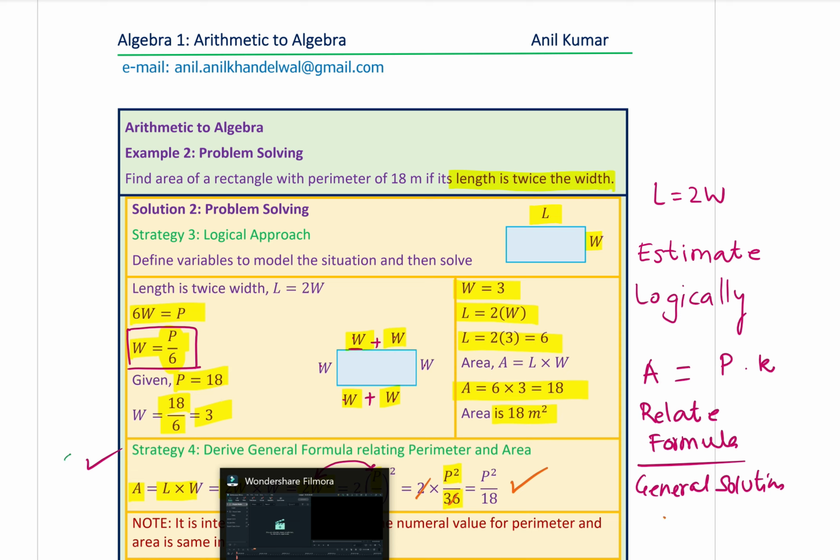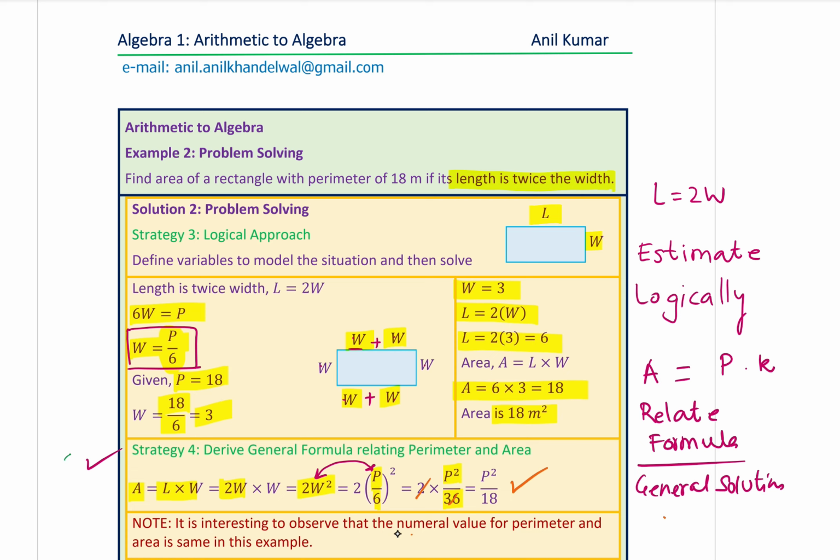So that is what we are saying. Now, in this particular situation, we have a general formula where area can be written as the square of perimeter over 18. Do you see that formula now? Now, if I read the question, find area of a rectangle with perimeter of 18 if its length is twice the width.